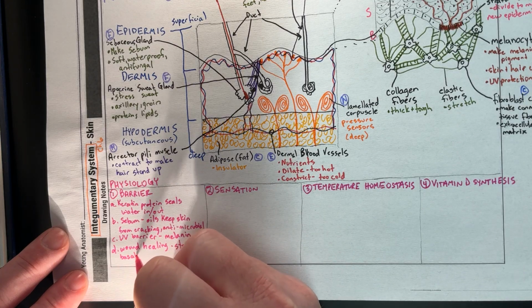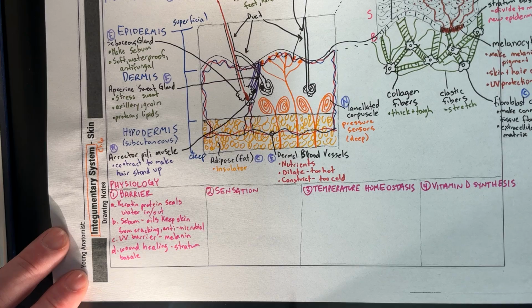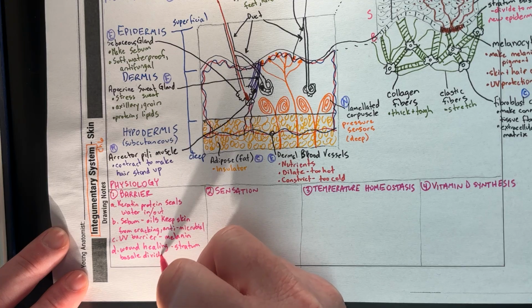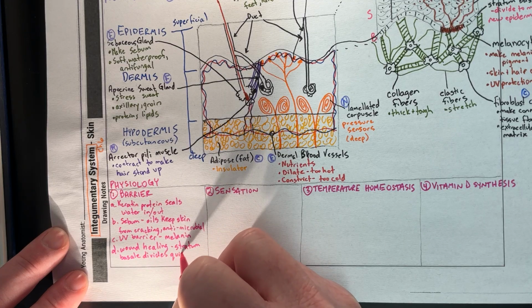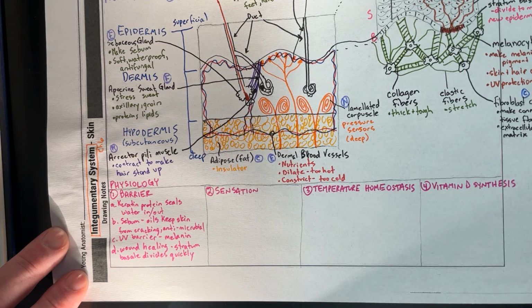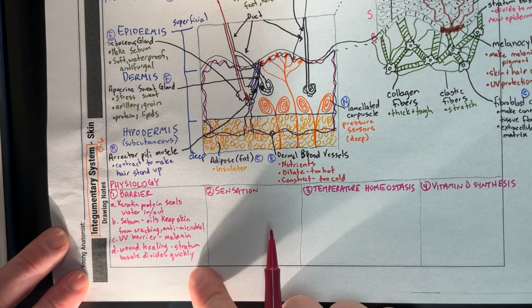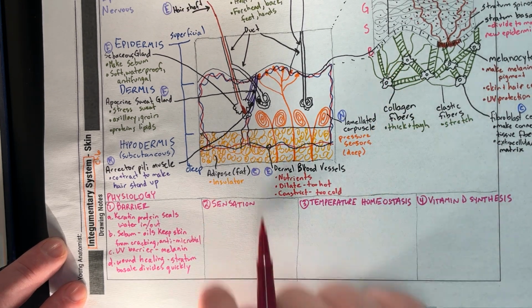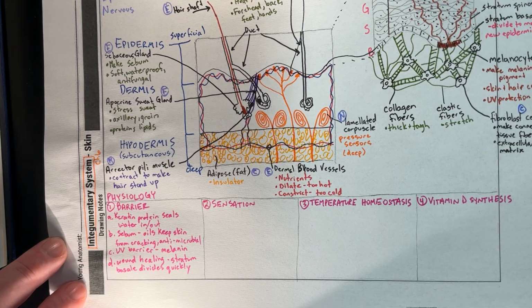Whenever there's a break in cells from a cut, your stratum basale activates and divides quickly. Think about that. When you get a paper cut, just within a couple of days, it's pretty much healed already, thanks to those stratum basale cells down here. All right, so that's how your skin can act as a good barrier.